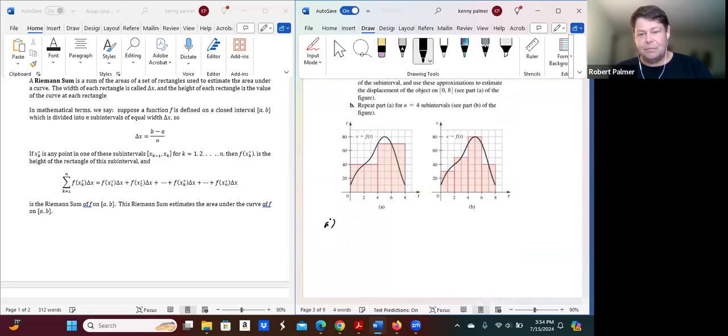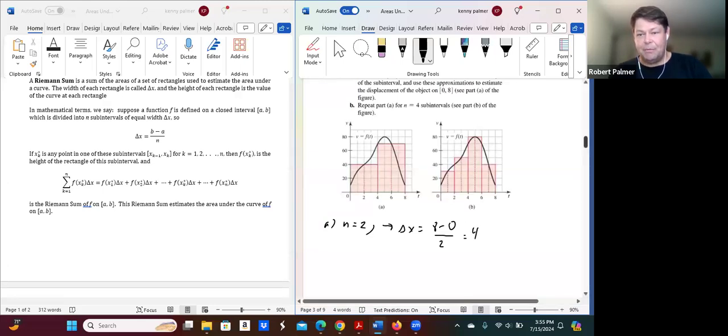Now let's take a look at that. So part A, let's look at our delta x. First off, our n, our number of subintervals for the first one, is equal to 2. And so that means our delta x, if we follow our formula, b minus a over n, we're going from 0 to 8, so 8 minus 0 over 2, and delta x is 4, as we can see.